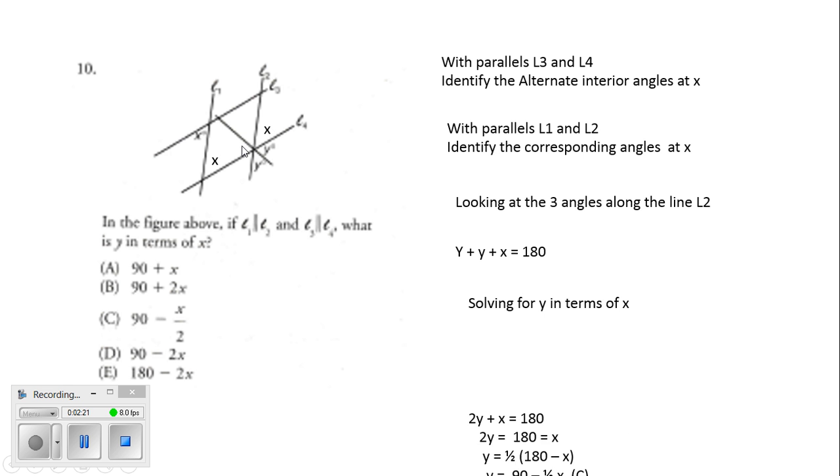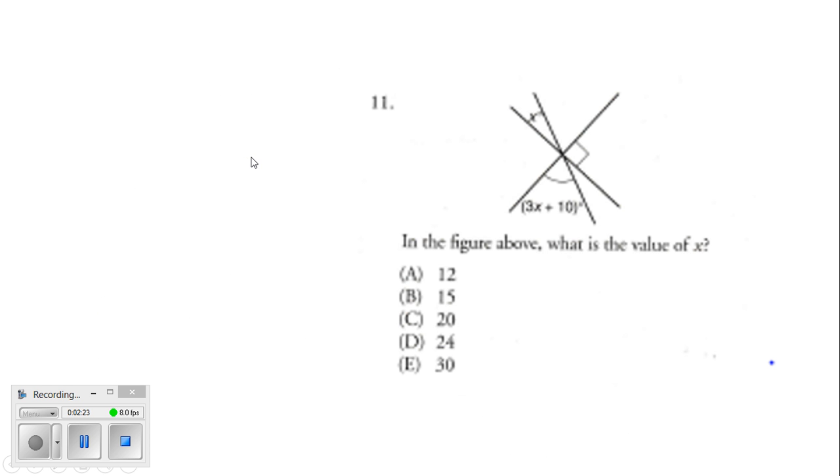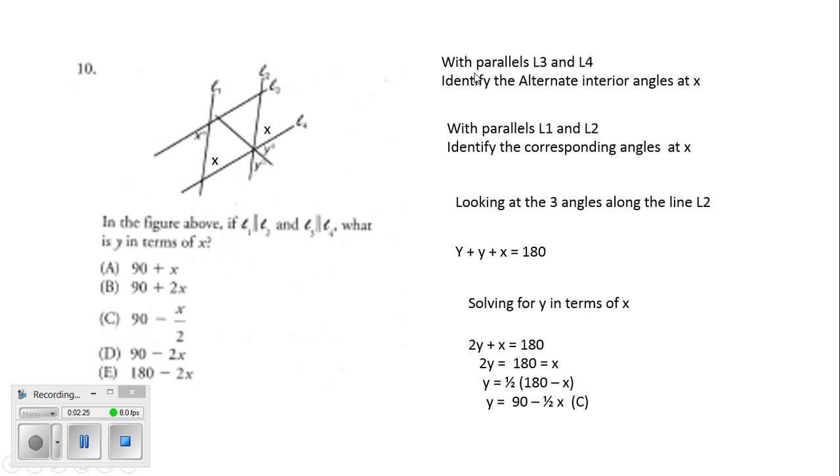Let's go back. With L3 and L4 being parallel, we're going to pick up the alternate interiors there. We're going to pick up the alternate interiors here. The alternate interior of x is right here as x.